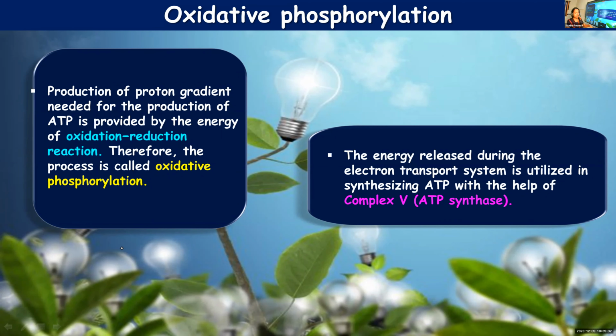But oxidative phosphorylation means the electrons move through a series of complexes and oxidation reduction reactions take place, and finally ATP molecules will be synthesized. The energy released during the electron transport system will be utilized, and ATP will be synthesized with the help of the ATP synthase enzyme.